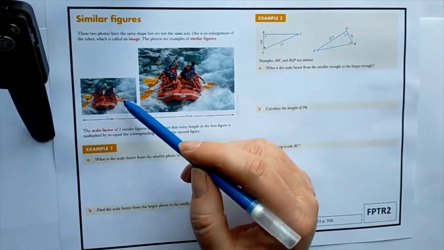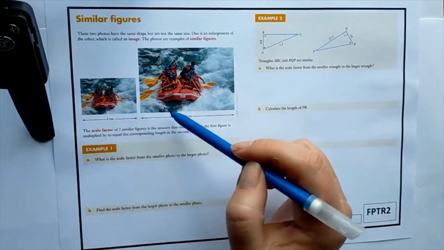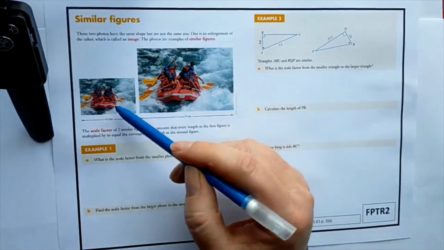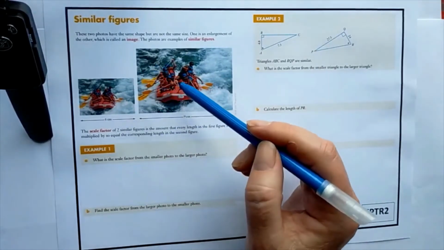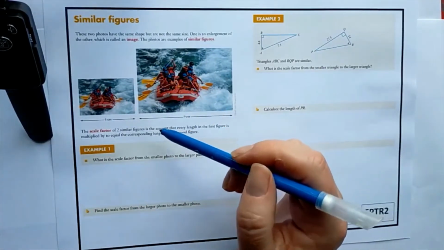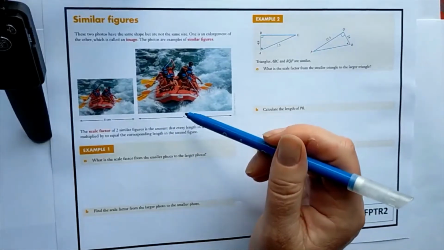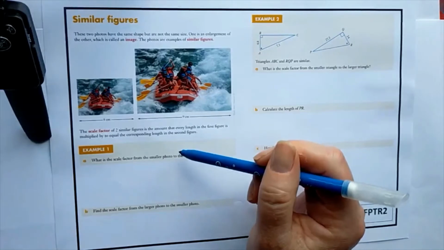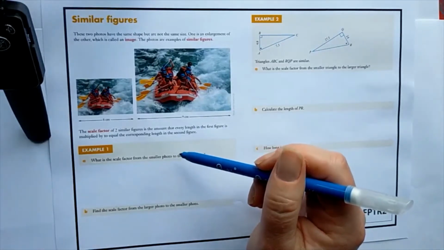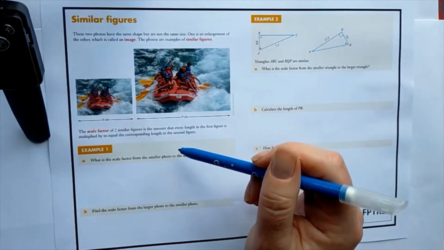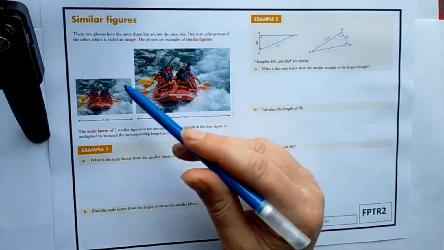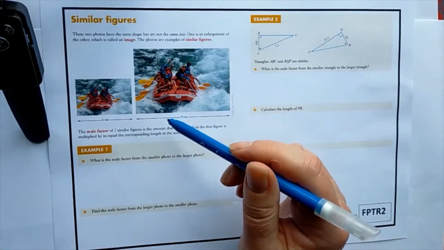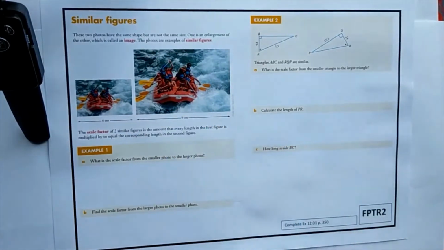So what keeps it in proportion is that you've got the same scale factor on every single facet of the diagram. So you have to work out what the scale factor is on diagrams, and that can be a little bit tricky, but what I want you to think about when we're doing these are your times tables.